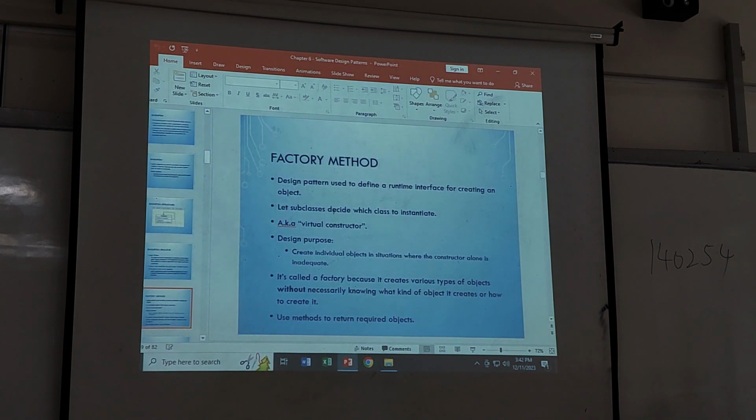The factory method allows us to create an instance of an object. So we can create various types of objects by hierarchy, or by inheriting the base class of creation.